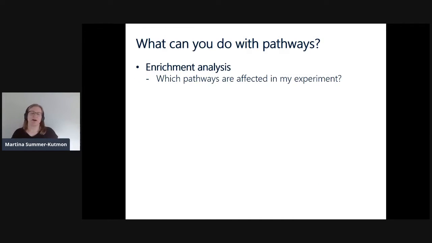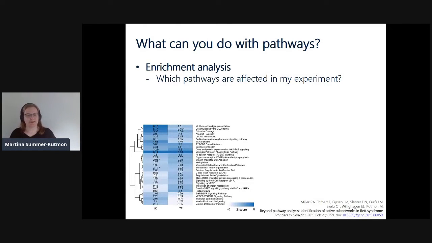So if we have these pathway collections now, what can we actually do with these pathways? The most typical thing to do is perform enrichment analysis. So for example, you have two groups in your data set, healthy and diseased, or different subtypes of a disease. You can check which biological processes, so which pathways, are affected in the experiment. The outcome usually is a table like this, where you have the pathways and the different enrichment scores shown.